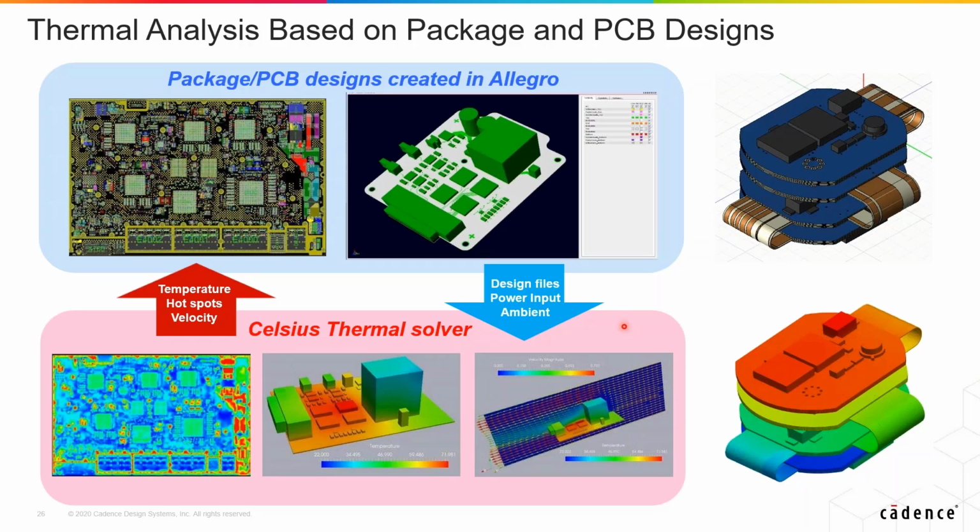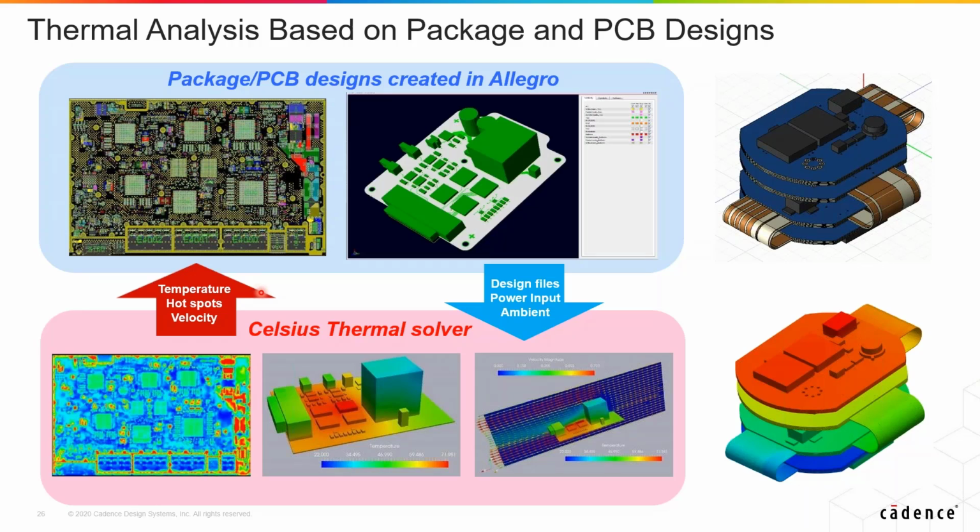One page summary of a thermal analysis based on package and PCB board. So from Allegro here, we have an example. You can have a pre-designed floor plan, or you can have a detailed design of the PCB board. We can read it into Celsius Thermal Solver, so we can perform 3D solid temperature profiling, including computational fluid dynamics.